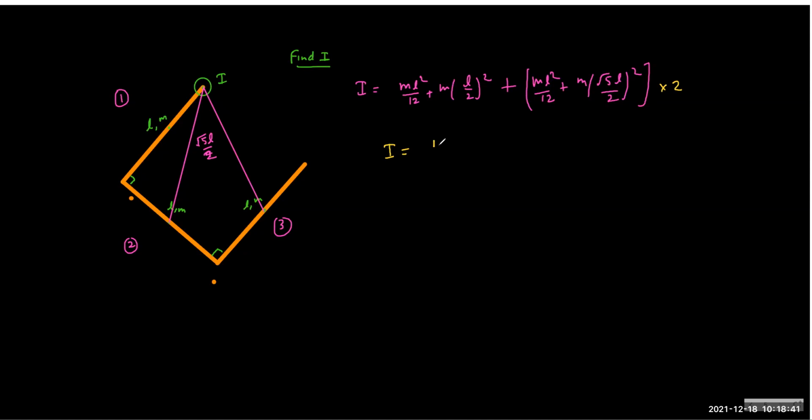Yeah, I got the same equation. So ML square by 3 plus, let me just check, and this is 5 ML square by 16 into 2, which is 5 by 8.